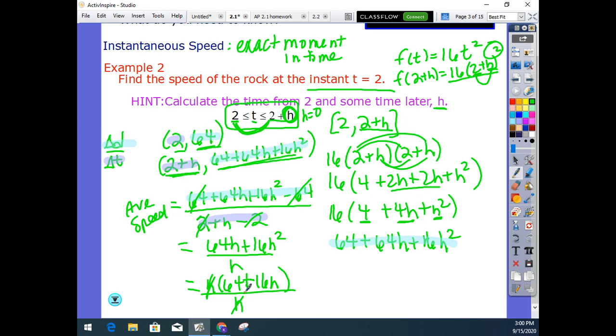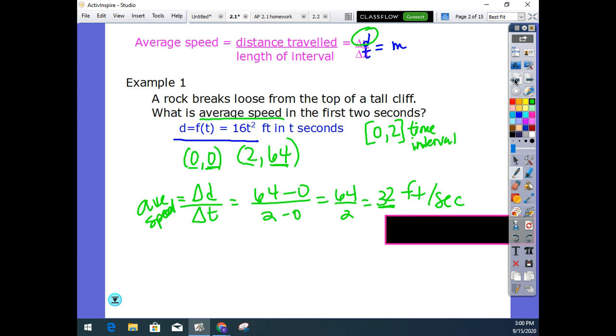So as soon as I cancel this h here, if I plug 0 in for h, I get my instantaneous speed to be 64 feet per second. So we started at 0, we accelerated, and at 2 seconds we're now going 64 feet per second, where the average speed between 0 and 2 seconds is 32 feet per second.